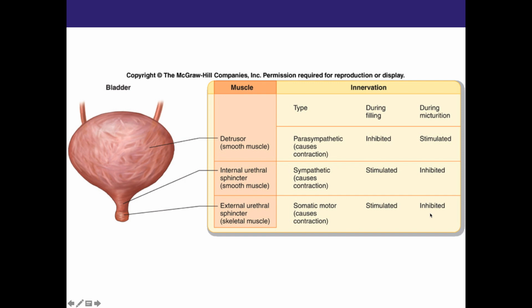Okay, so that's under your control. This is voluntary. The internal urethral sphincter is under smooth muscle control, controlled by sympathetic neurons, but you control the external urethral sphincter, and you relax it during urination. Pretty good?